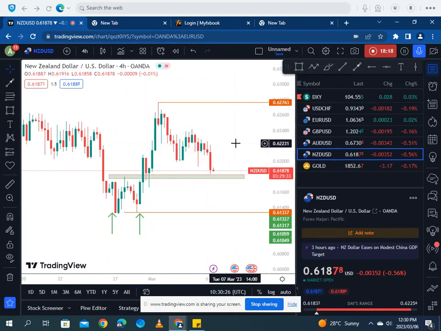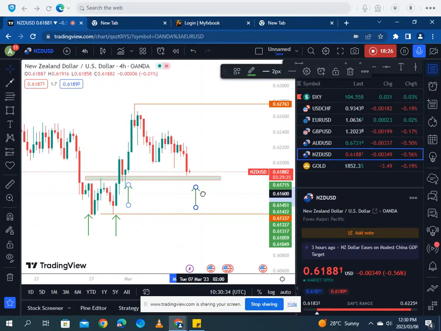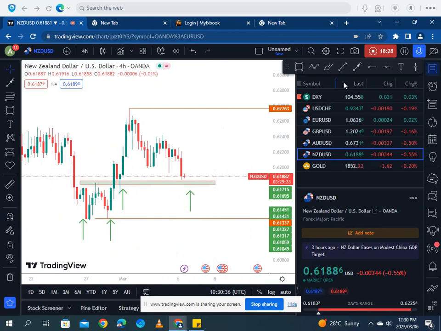Right now the point is the market is back to these levels here. It's back to that level there where it reacted in the past, and I do expect it to react again, pushing to the upside. This will make sense given that the dollar is weak, right?